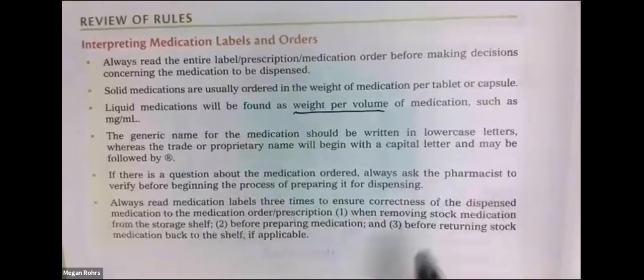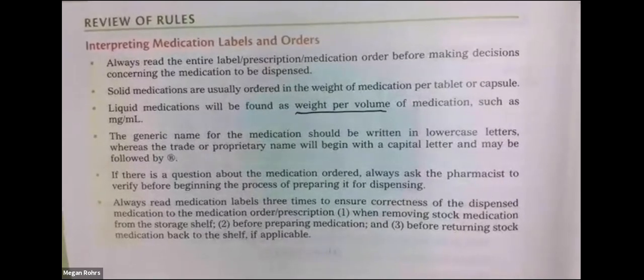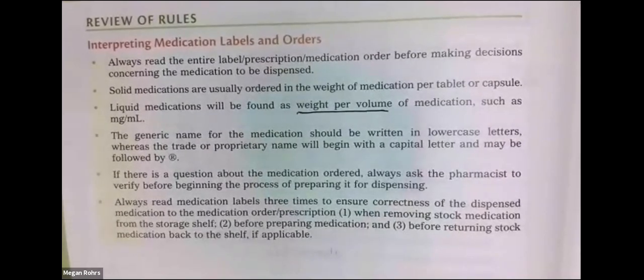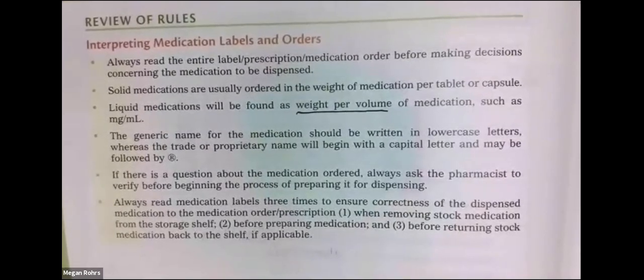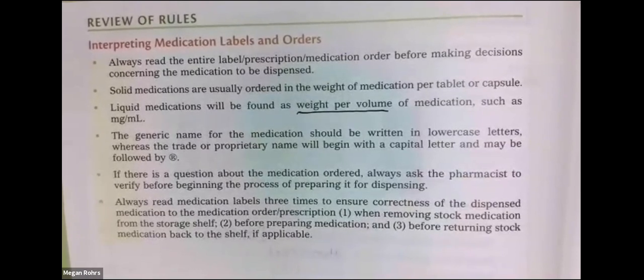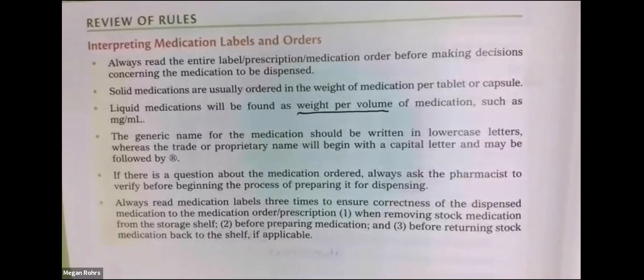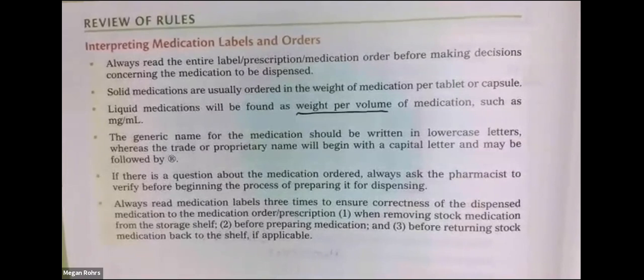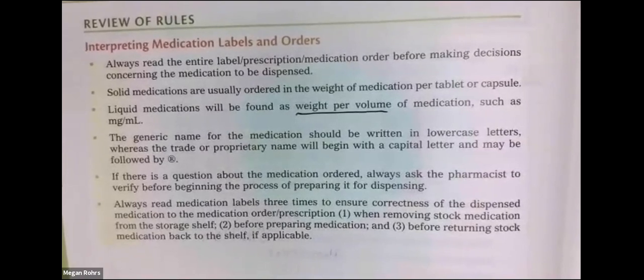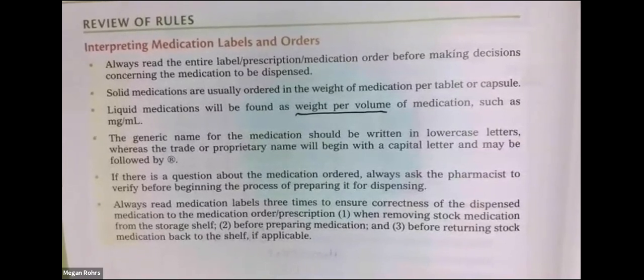Any questions you have about prescriptions or med orders, always ask the pharmacist. They would much rather have you ask questions than for an error to occur and then have to go back and fix it later. And like I mentioned earlier, always read your label at least 3 times before you pass that on to the pharmacist for the final check.